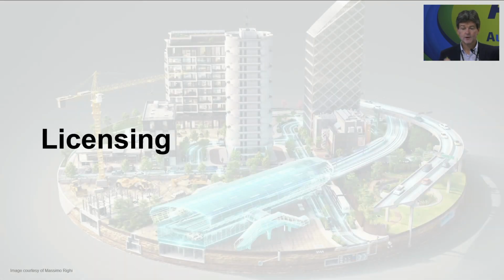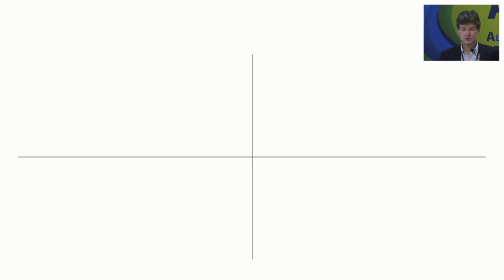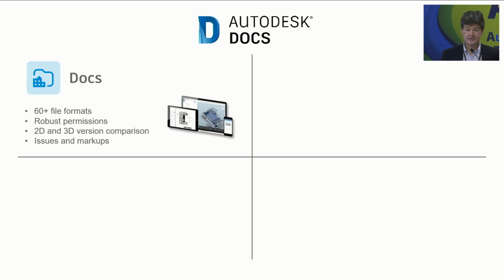Now, what I would like to mention as the last part of my presentation is licensing. Because I'm talking about different solutions, and I was talking about Autodesk Docs. Autodesk Docs is basically a common data environment with, I would call it, standard functionality of a common data environment, fulfilling ISO 19650.